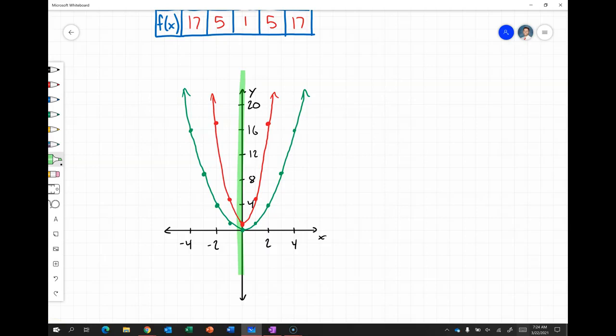You can see that they have the same domain, which would be all real numbers. However, their range is slightly different because the range of our parent function, x squared, would be y is greater than or equal to 0. And for this one, since our vertex is at 0, 1, the range would be y is greater than or equal to 1.